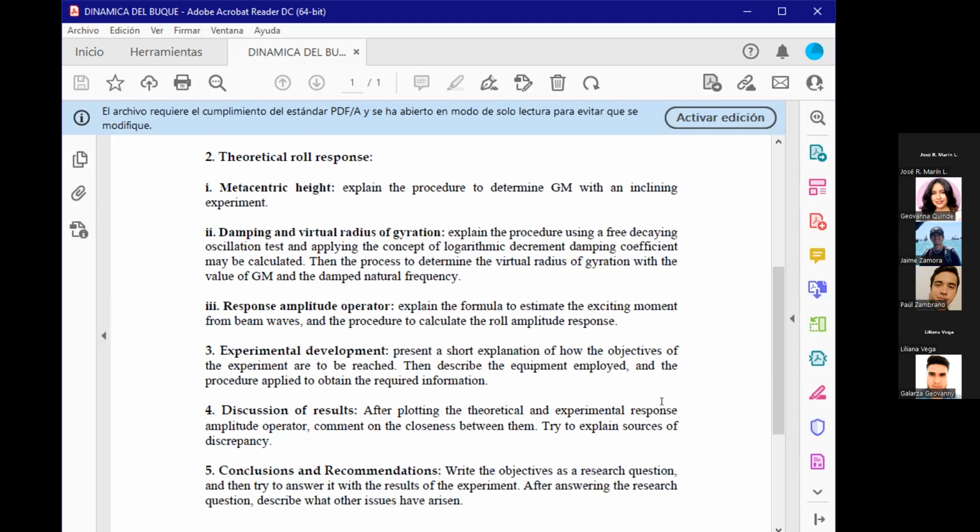In this case, since we are working with models, I want you to give me degrees in roll per centimeter in incoming waves. So you calculate that, and also you measure that.